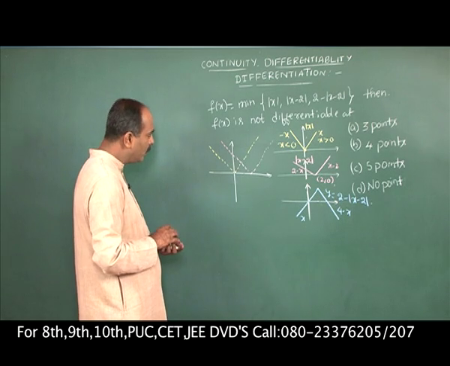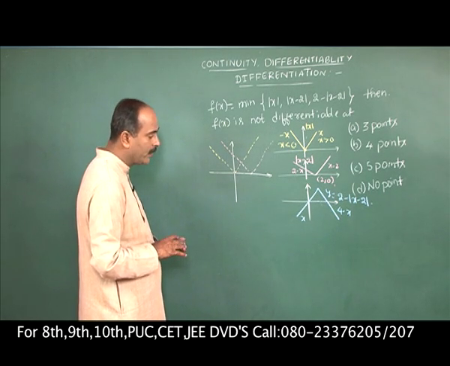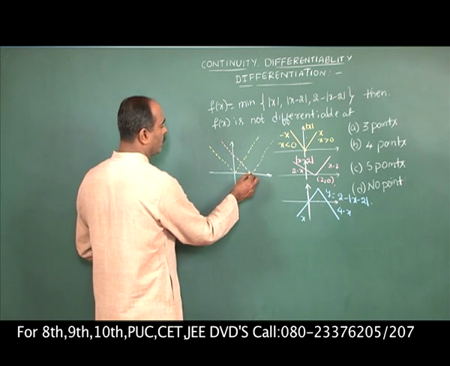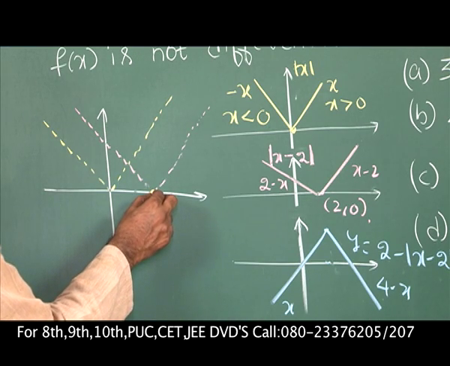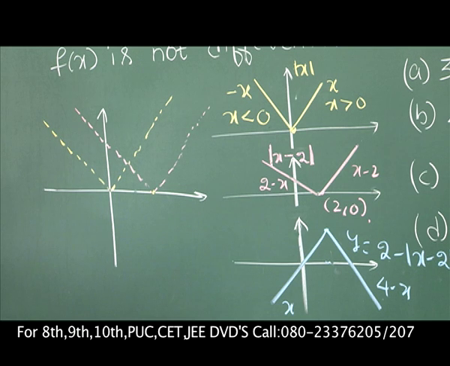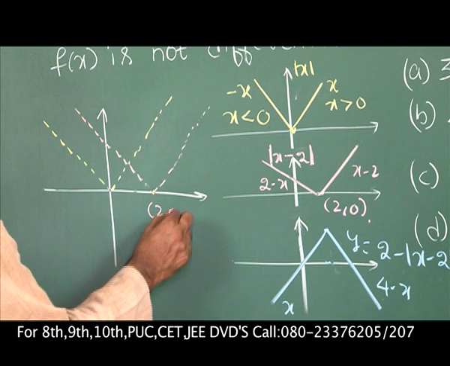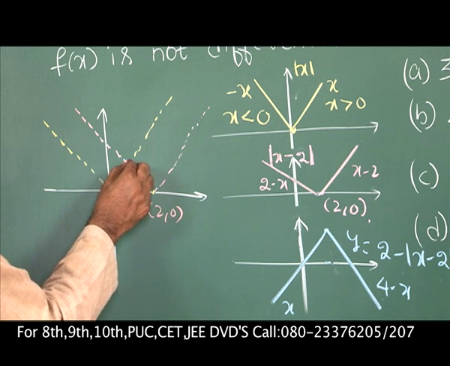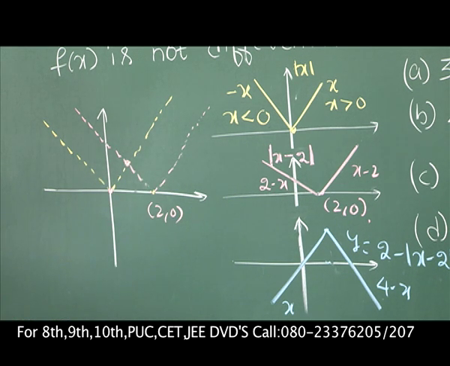Anyway, the third graph is 2 - |x - 2|. It has got vertex at (2, 2). This is (2, 0) because this is from the second graph. This is (2, 0) and this is (0, 0). No need to explain. This is (1, 1), right?